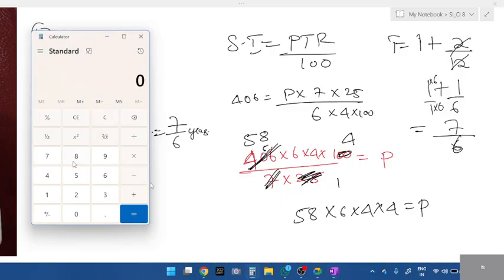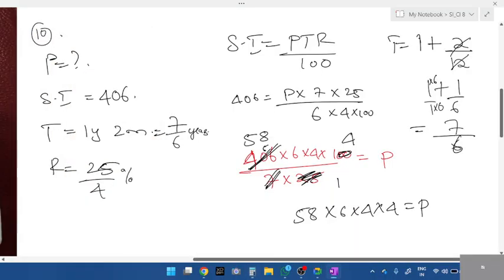Respond, students. 58 into 6 into... is it correct? 5,568? 5,568.